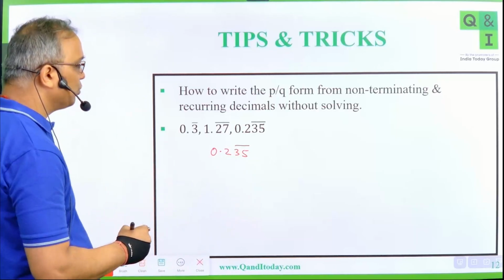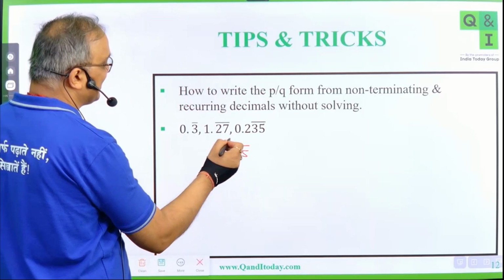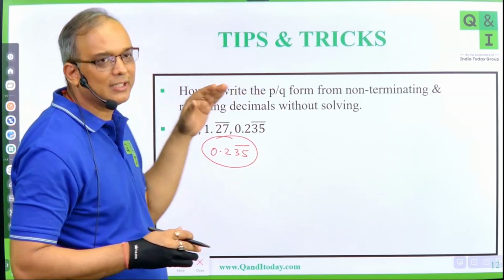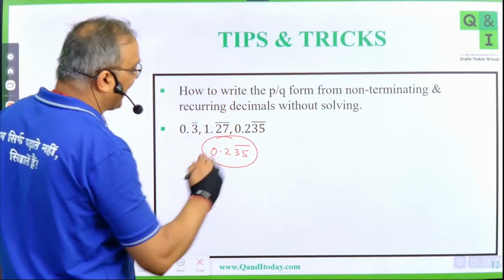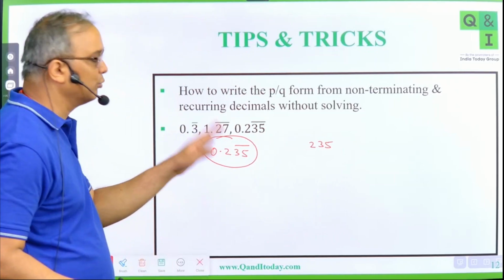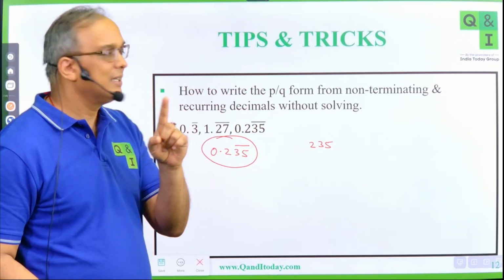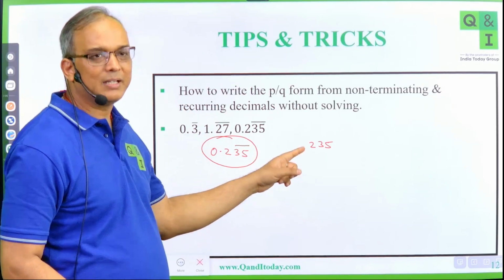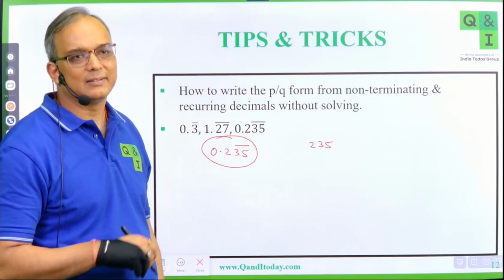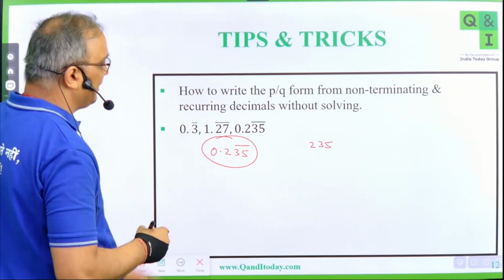So what we are going to do, students, first, whatever the number is, if you remove all decimal and everything, all the bars and everything, write that number as it is. So as it is, the number is 235. If I remove decimal and bar and everything, the number is 235. First step is write the number without the decimal and the bar. So I'll write the steps as well later on.